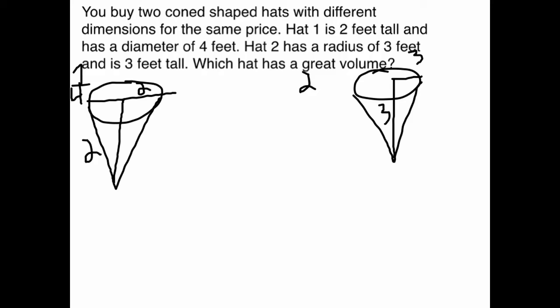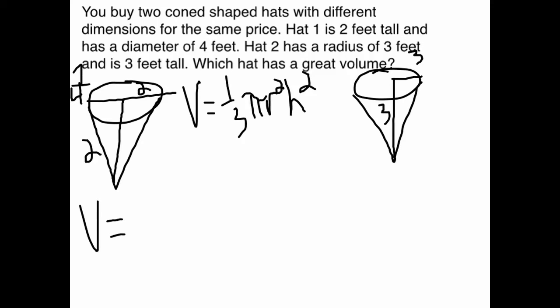So I'm going to use our formula, which is V equals 1/3 pi r squared height. So I'm going to find the volume for the first hat, you're going to find it for the second hat, and then you're going to tell me which has the greater volume.